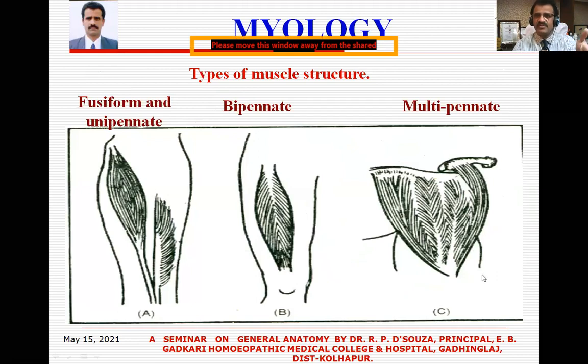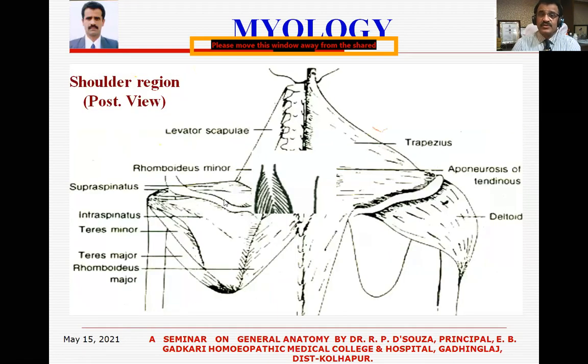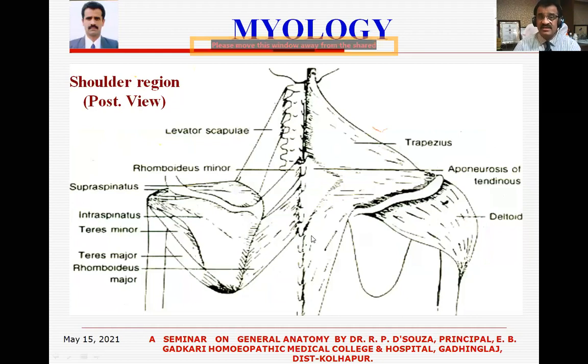What I was talking about, pinnate. If you see the shoulder region from behind, you'll see a big triangular muscle, which is the trapezius, which looks like a trapezium. There are many other muscles located in the scapular region with different sizes and different shapes. Here you can see the deltoid muscle from behind.